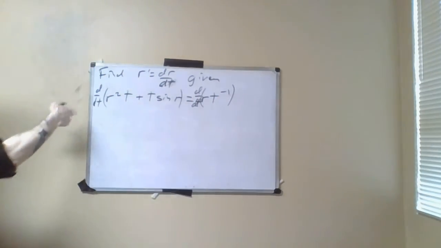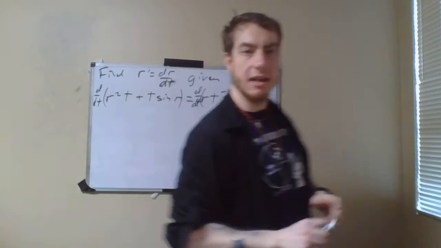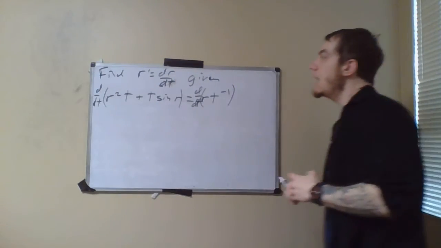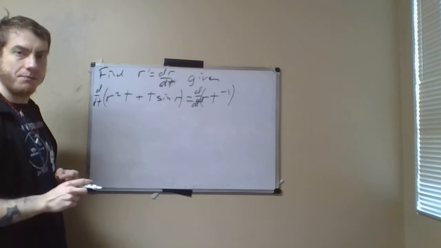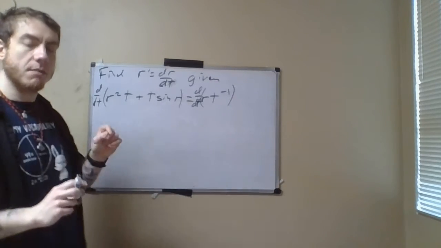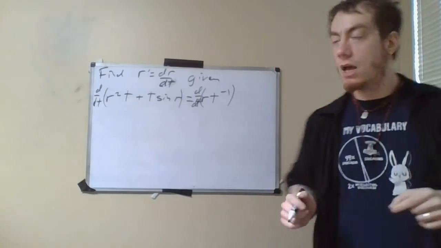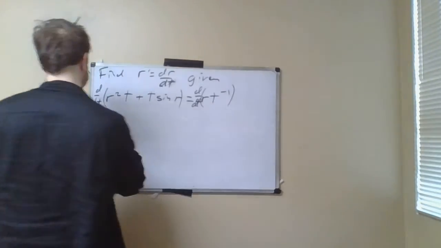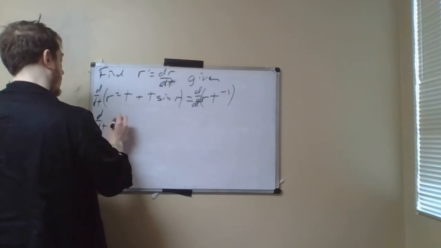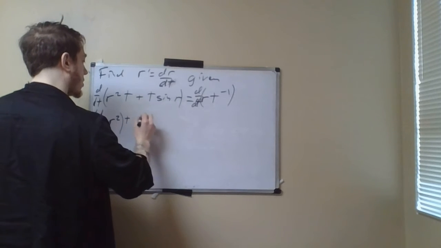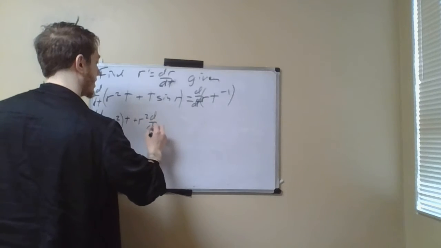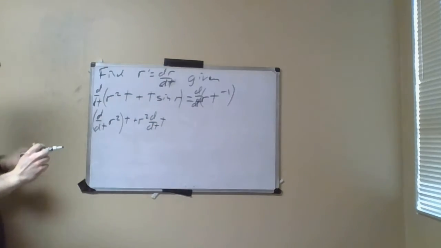Sorry, I know that's a little bit messy, but d by dt, hopefully everybody knows what that is. Now, when I take the derivative of r squared t, this requires the product rule. This gives me the derivative of r squared times t plus r squared times the derivative of t.